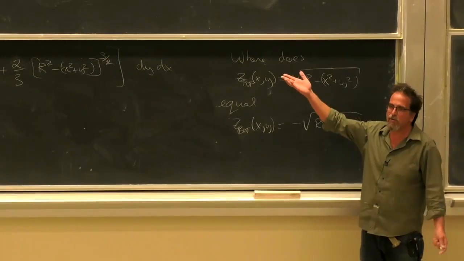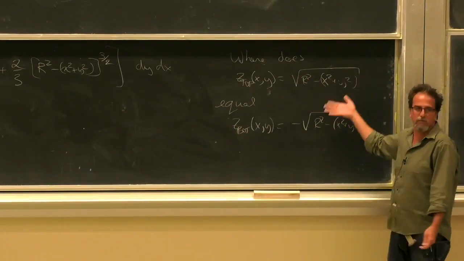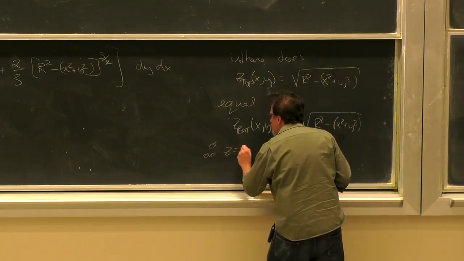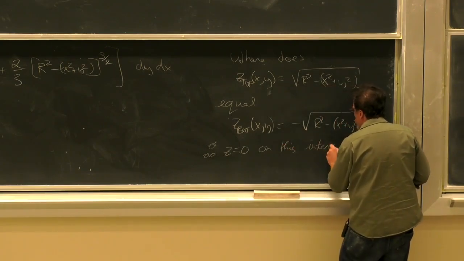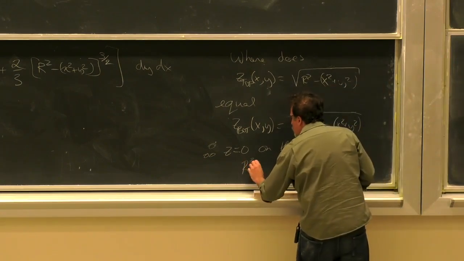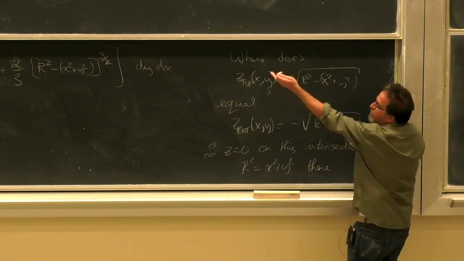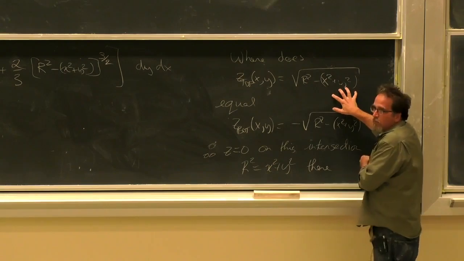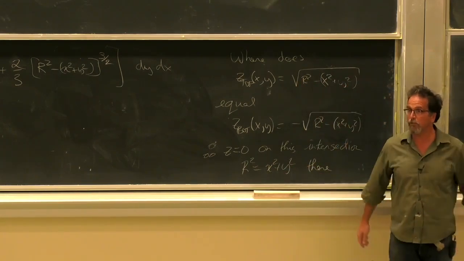It's obvious geometrically, but if you ever came to a place where it wasn't obvious, you'd say it's where each of these equals 0. Therefore, z equals 0 on this intersection. That's where that curve lives. But you care about its xy values, and r squared is equal to x squared plus y squared there, which is that circle I told you about in the xy plane. Good?